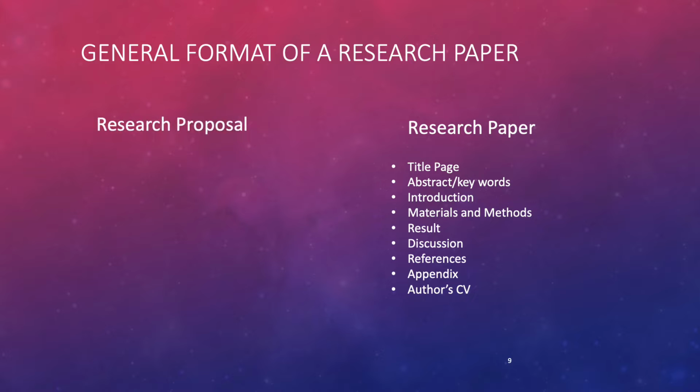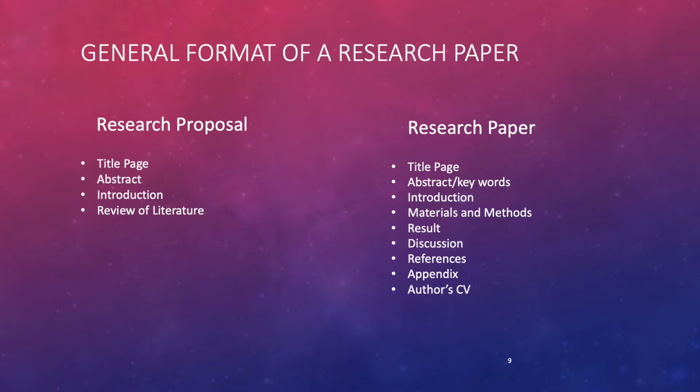Earlier, a research proposal would usually be written before the research project, and it is written usually to seek approval or funding. We also have the title page, the abstract, the introduction, and here we have the review of literature.